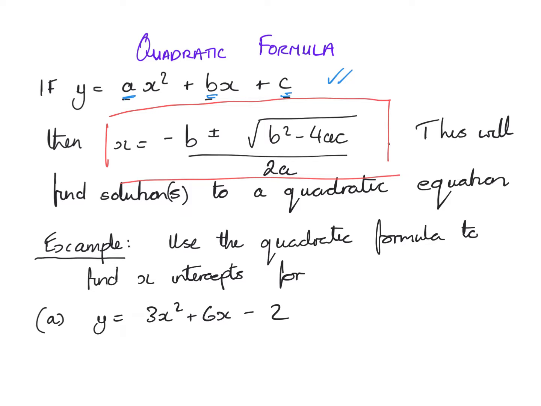And this will always find your solutions. Now, yes, it can be used all the time, but if you can do it a little bit quicker by doing cross-bridge or decomposition, then that would be your best bet. And practice will get you there in the end.